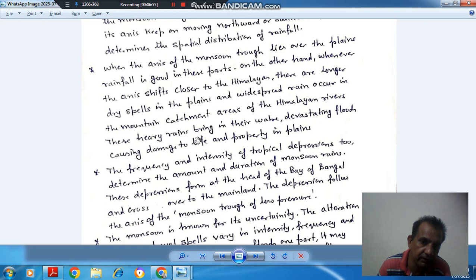These heavy rains bring in their wake devastating floods causing damage to life and property in the plains. Wherever the axis of the trough is, the rain occurs. When it is on the plain, rain occurs on the plain, and when it is on the Himalaya, the rain takes place on the mountains.